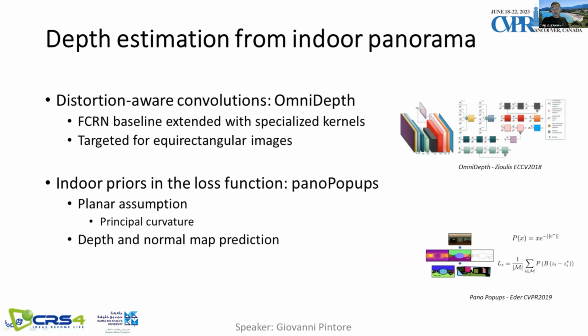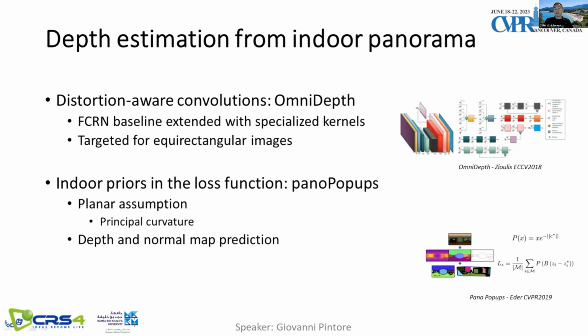Later, many other specific solutions targeted at omnidirectional images were studied, like, for example, OmniDepth. OmniDepth extends the baseline of FCRN using distortion-aware kernels with the intent of mitigating spherical distortion. On the other hand, PanoPopups exploits the indoor prior based on the concept of planarity.